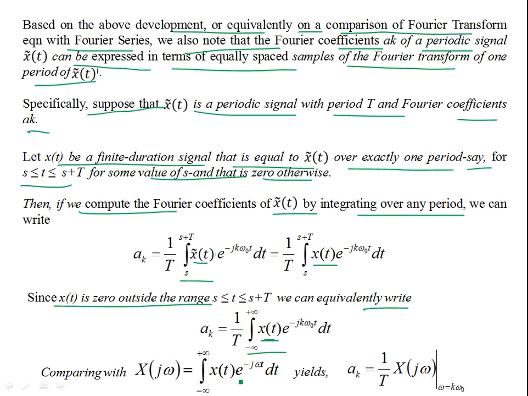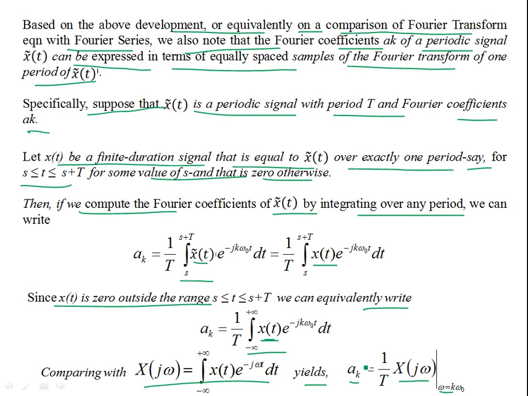Comparing this with the Fourier analysis equation, it yields that a_k, the Fourier coefficient of x tilde(t), is 1 over T times X(j omega), with omega equal to k omega naught. You can see this development is very similar to what we discussed previously.